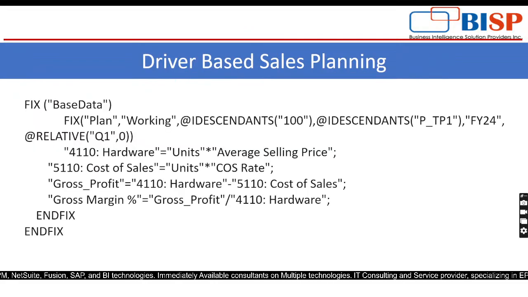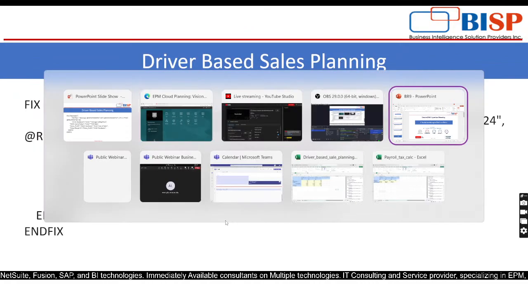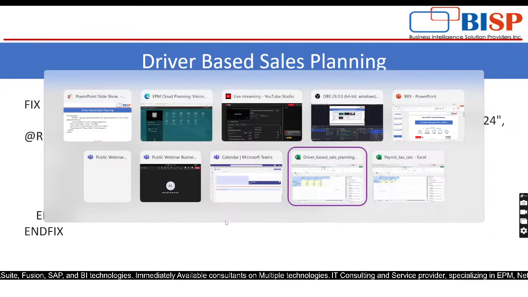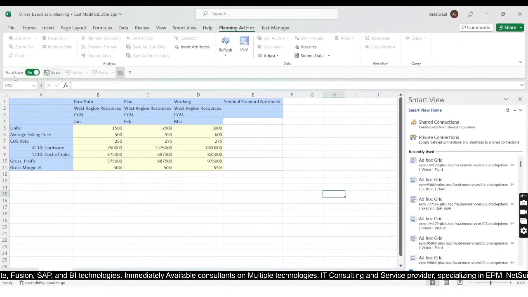To understand this business rule, let us first understand the requirement, what exactly we are going to do in it. Here in the given case, we have units with us, the average selling price of a product named Sentinel standard notebook.